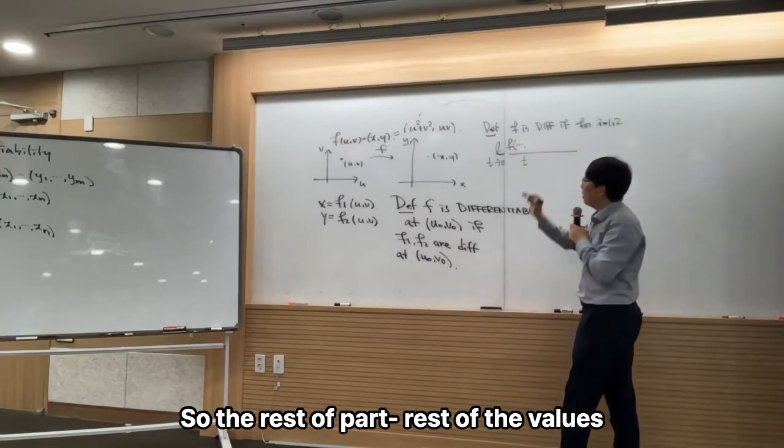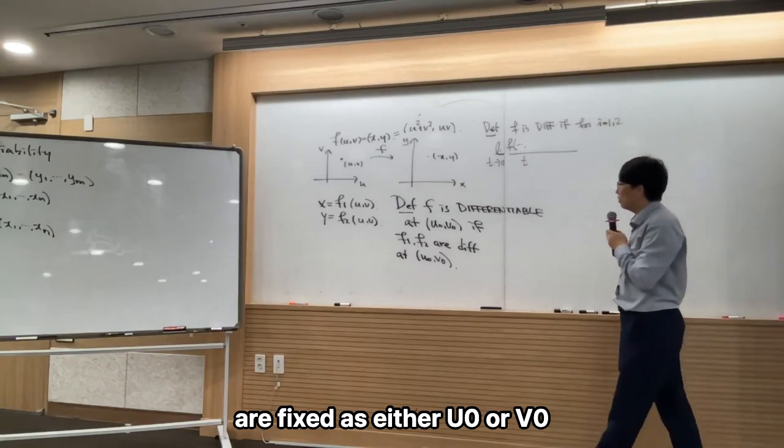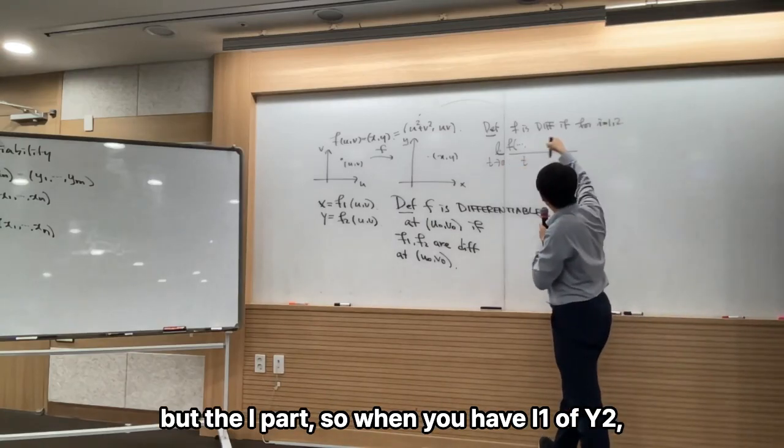The rest of the values are fixed as either u0 or v0, and only the i-th part changes.